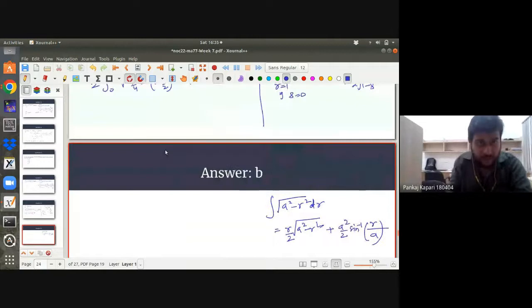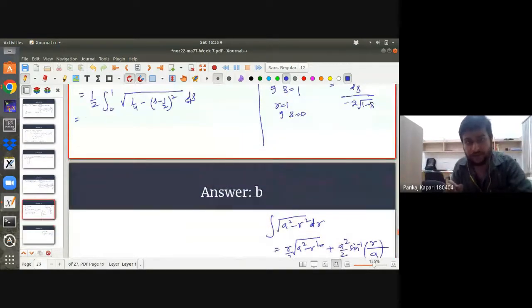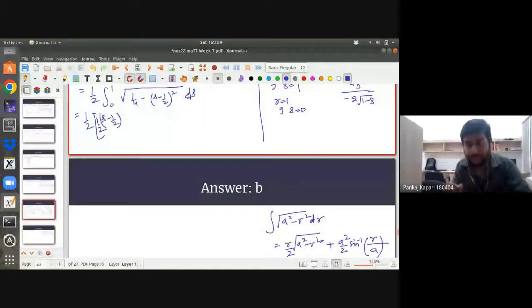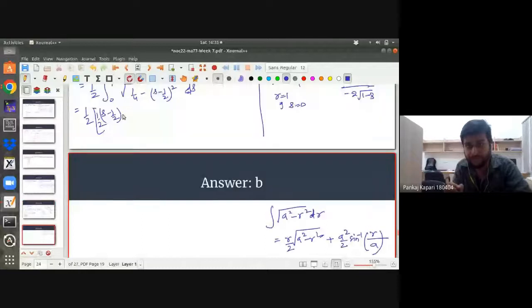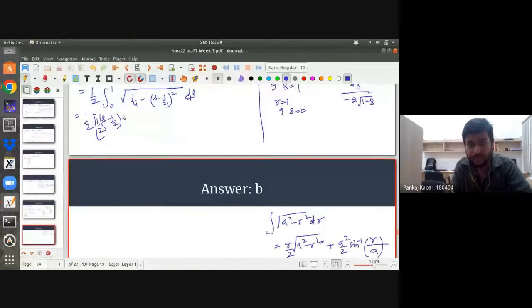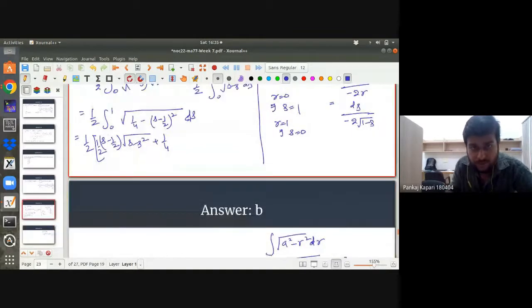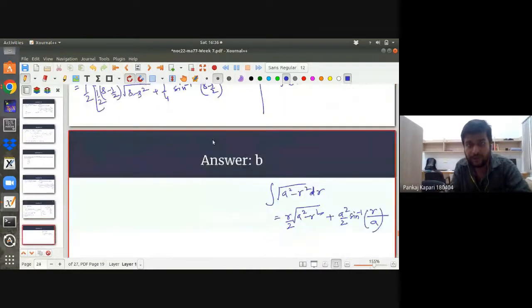Okay, so in our case, this will become half, s minus half divided by 2, into root of s minus s square, plus 1 by 4 sine inverse of s minus half divided by half.